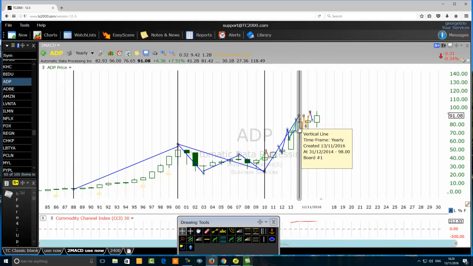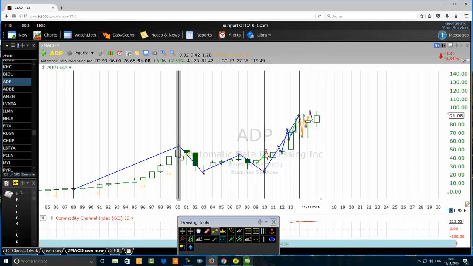So the flat correction that we were looking at on the monthly chart, it looks to me it is the fourth wave. Do you agree? Do you disagree? All right, it's your chance to put it in the comment section. Let me know.